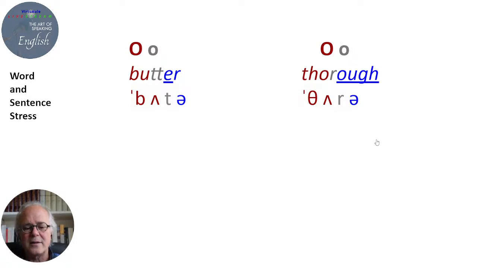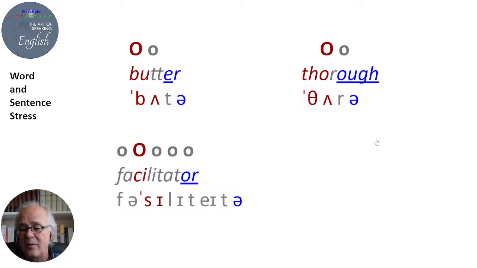Okay, this is a lot of letters here, but it's just one sound. And it's the second syllable, and it's a schwa. We have facilitator, tater. So the last syllable with OR is reduced to a schwa.